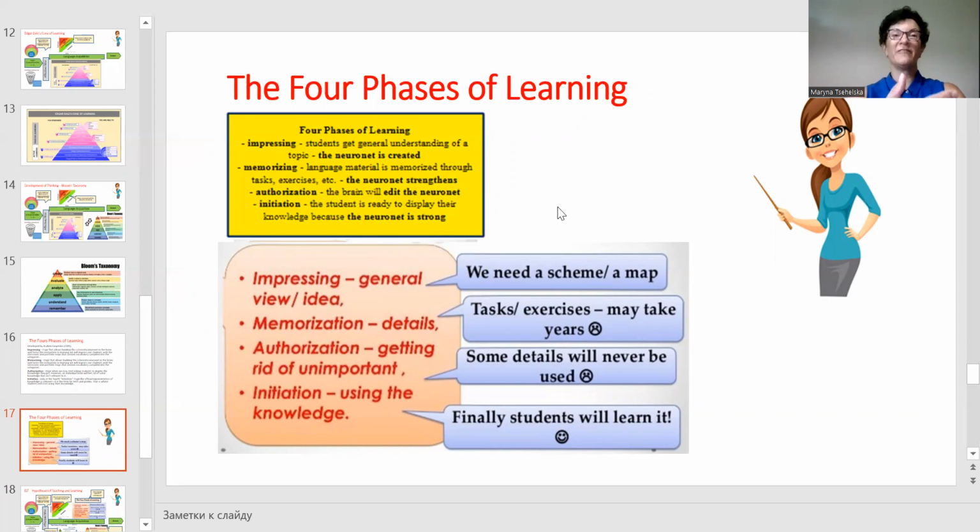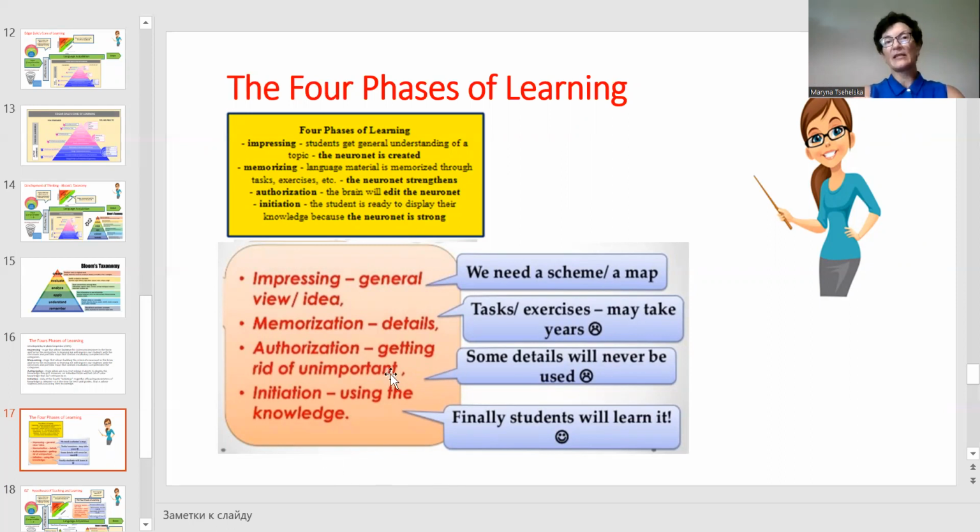We have the whole video about this, and this video was in the previous course. The idea is that we need a map or a scheme first, then through the tasks and exercises, we process this map or scheme or just a bulk of knowledge, a category.